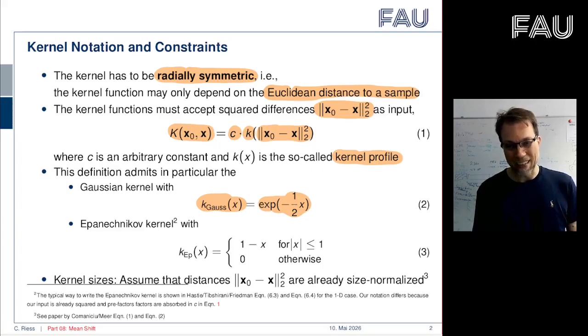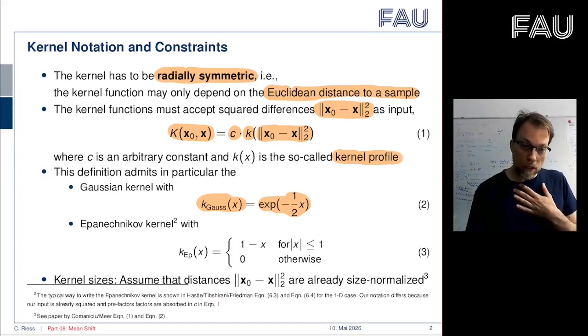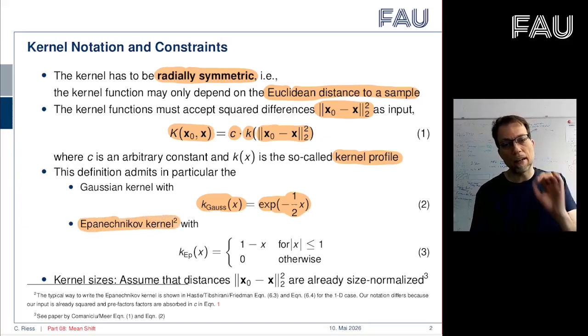So e raised to the power of minus 1/2 of x would be a Gaussian with a standard deviation of 1. What will also be super important for the purpose of mean shift is the Epanechnikov kernel, because this actually allows the mean calculation. So the name mean shift comes from the evaluation of the Epanechnikov kernel. Let's have a look at its definition.